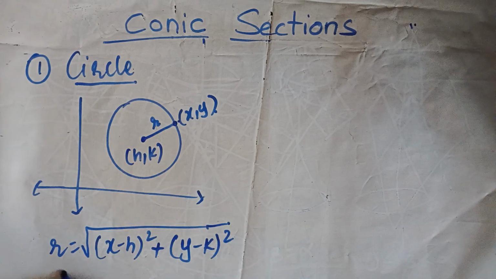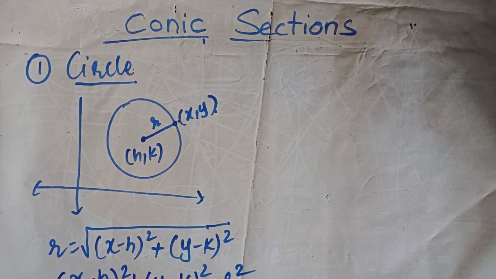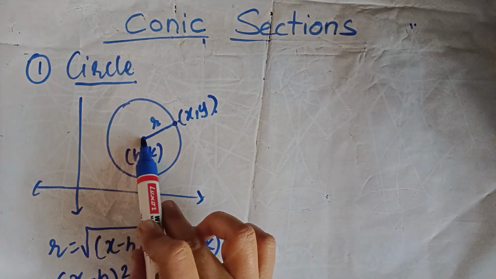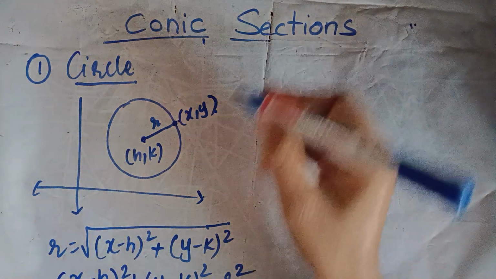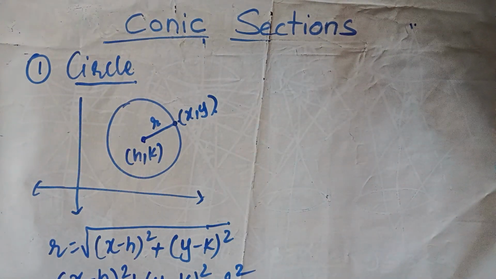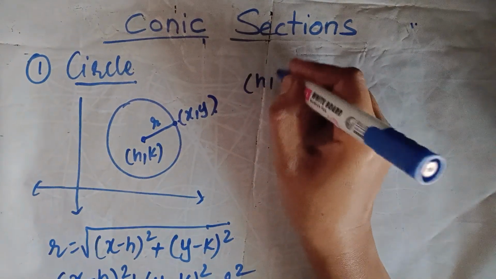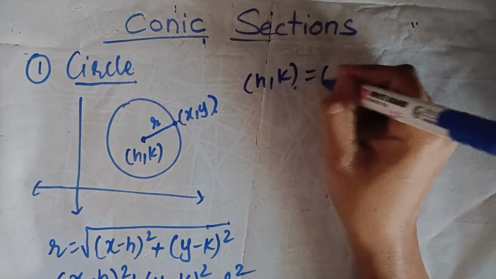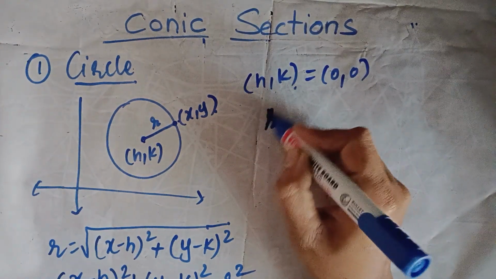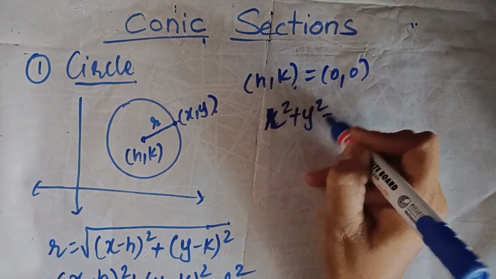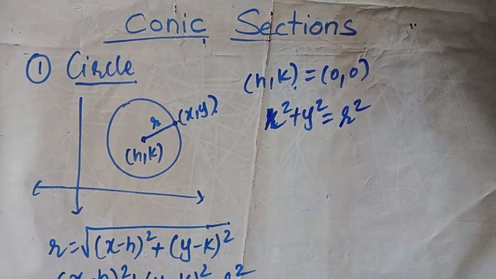So the equation of the circle is x minus h the whole square plus y minus k the whole square equal to r square. Now if this point is the origin, then the equation is simple. In place of h and k, you put 0 comma 0, so the equation becomes x square plus y square equal to r square.